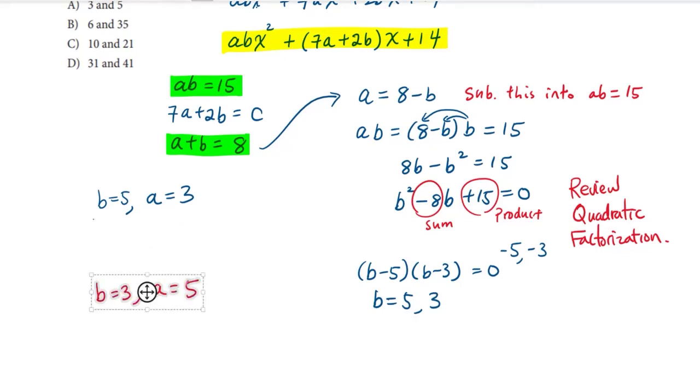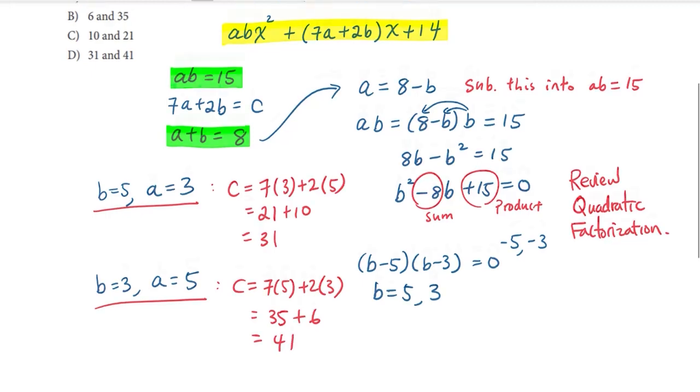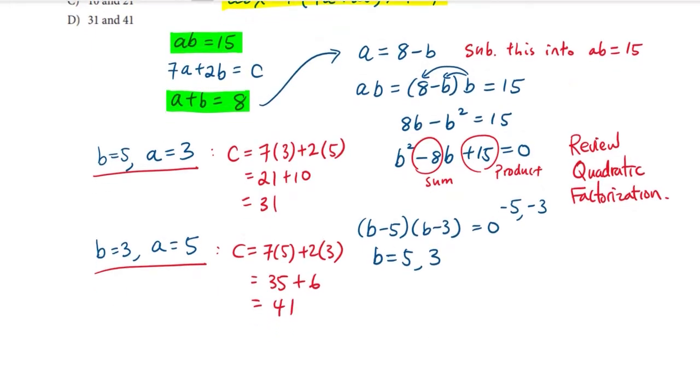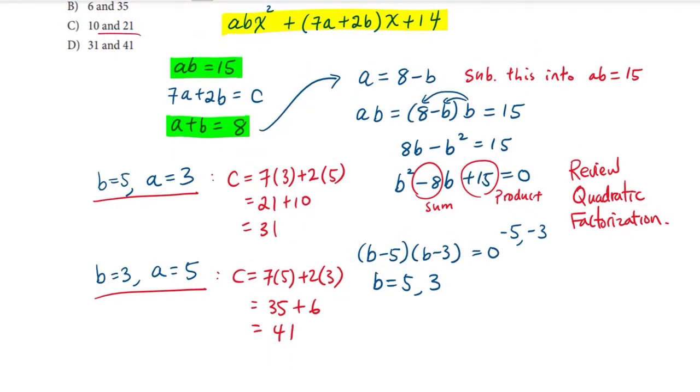If a was 3 and b was 5, then c would be 7 times 3 plus 2 times 5, which is 21 plus 10, 31. If b is 3 and a was 5, then c would be 7 times 5 plus 2 times 3, 35 plus 6, which is 41. So we have either 31 or 41 as the c value, which is answer D.